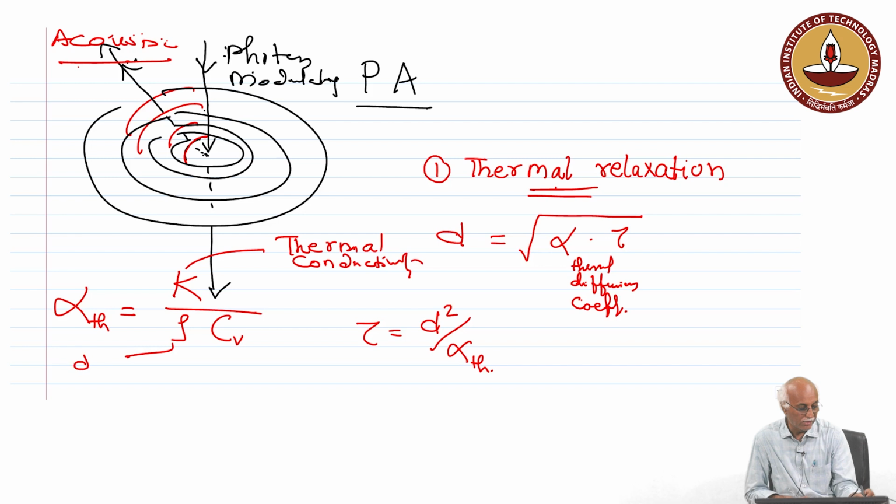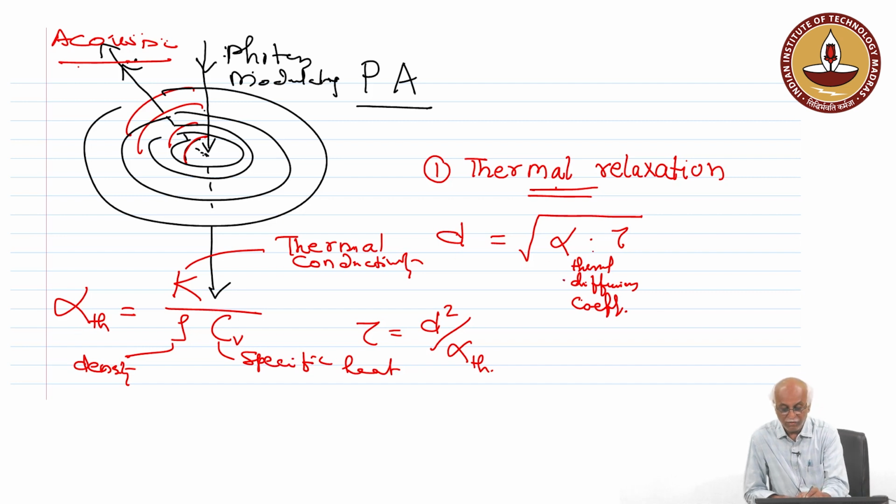Rho is density, tissue density, and C is the specific heat. So this parameter alpha and the thermal heat which is diffused in the tissue sample, these two aspects will determine, indirectly, thermal relaxation.